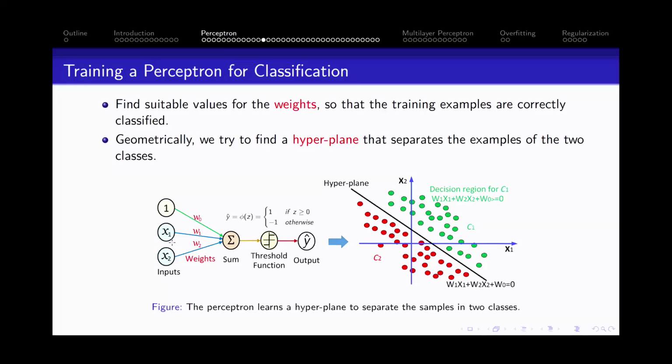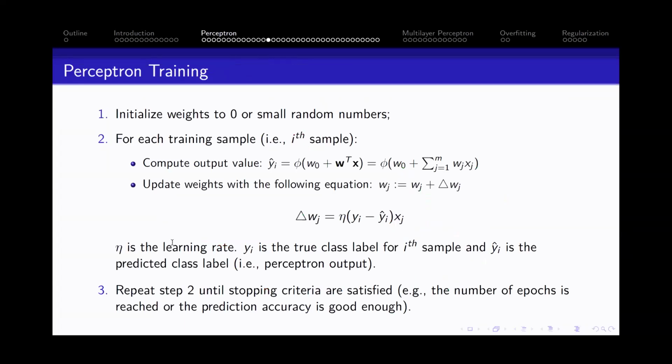So in order to make it even more clear, let's look at what steps we have to perform in this classification to assign class C1 and C2 to your training examples. So the first step is to initialize the weights to 0 or to very small random numbers.